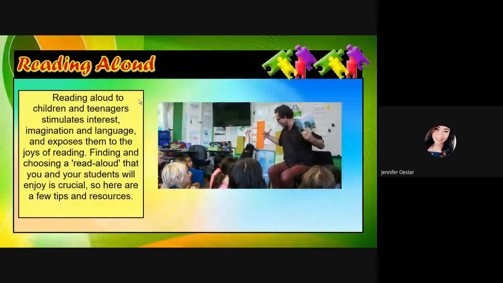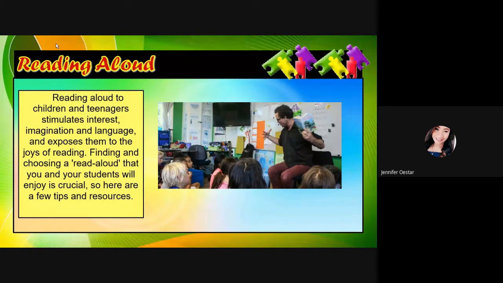So we have here examples of reading aloud. So this is a strategy on how you can encourage children to read, especially in literary stories. So reading aloud to children and teenagers stimulates interest, imagination, and language, and exposes them to the joys of reading.